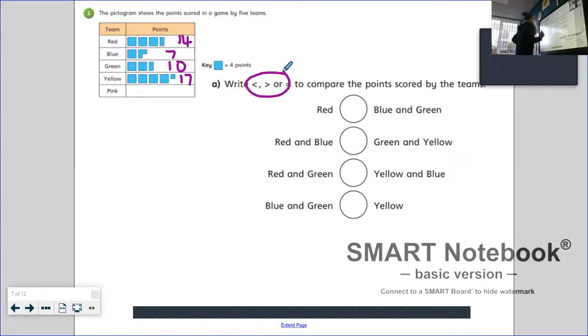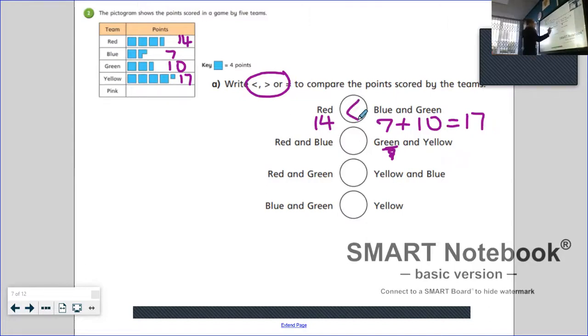So let's have a look. Red team is 14. Oh, and blue and green team. So we've got 7 add 10. Okay. So we've got 14 and 7 and 10, which equals 17. So which would be the biggest? Blue and green combined.